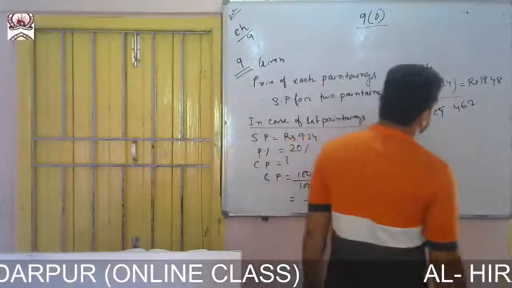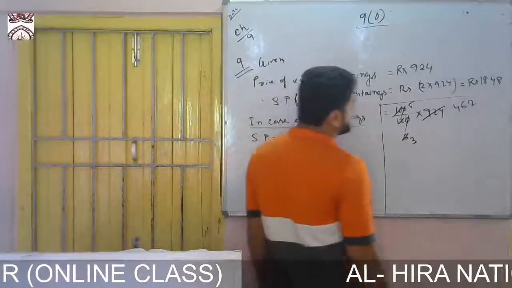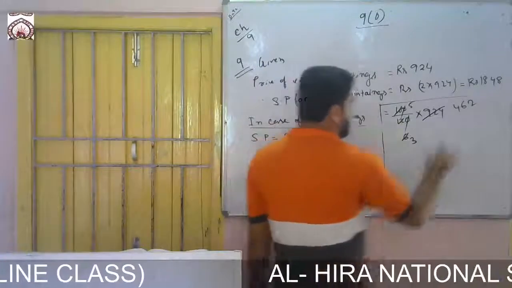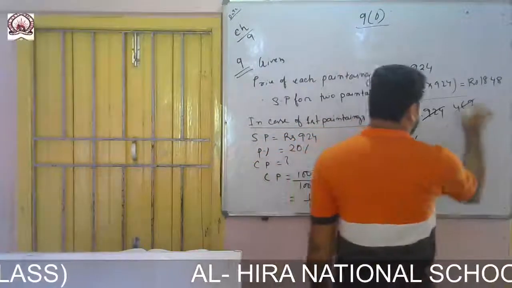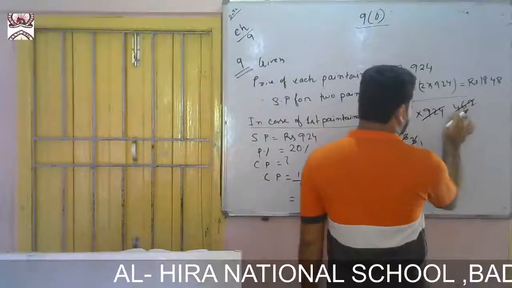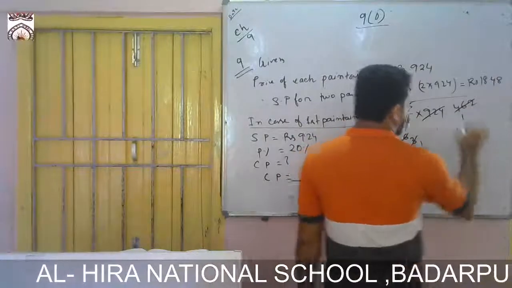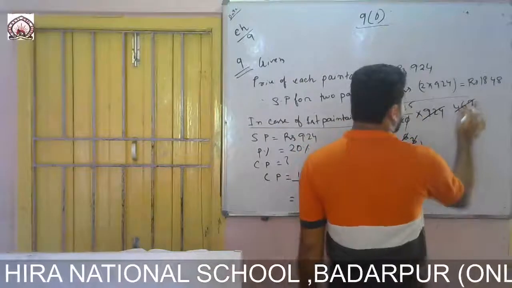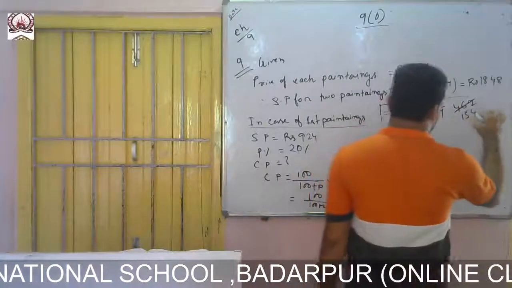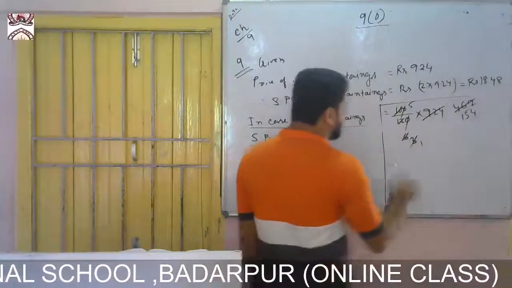So this one I can cancel with 3, 3 1s are 3, then 3 1s are 3, remain 6. 3 5s are 15, remain 1, 3 4s are 12. It is 154 into 5.